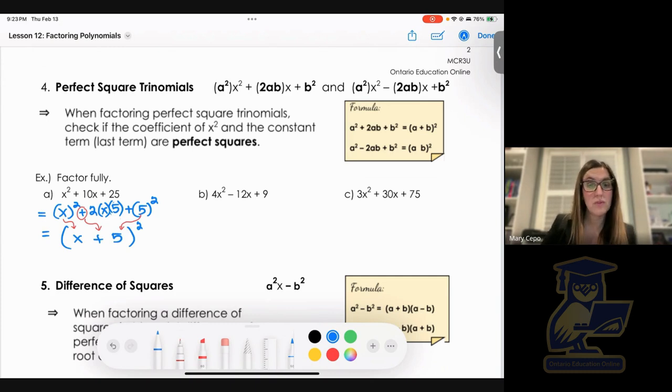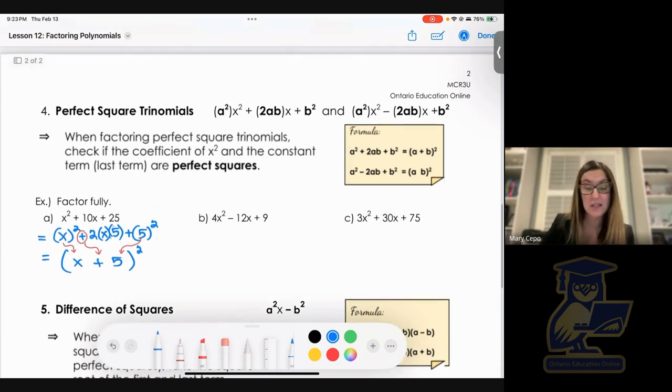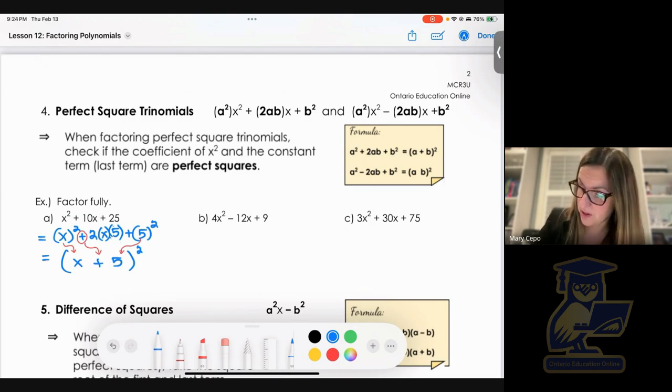Right? And a quick way of checking is just expanding it, as we talked about before. Factoring is expressing your polynomial as a product. Expanding would be the opposite. So if I wanted to check, x plus 5 all squared is the same thing as x plus 5 times x plus 5.